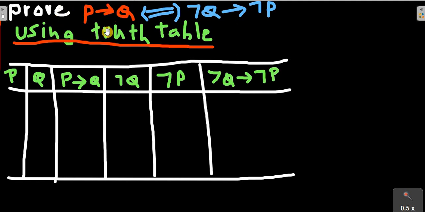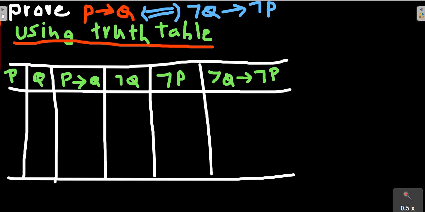Now look at that. This is P implies Q, this is the left hand side, and this is the right hand side. We have to prove that both the truth value combinations are equal, and that is our aim here.